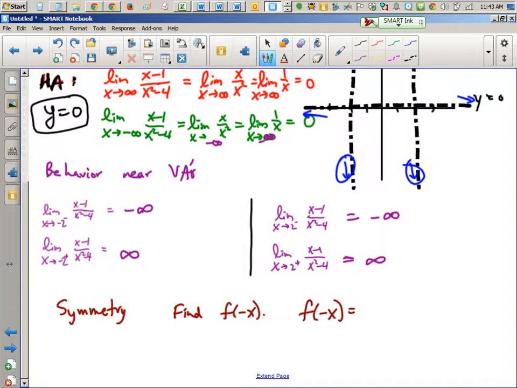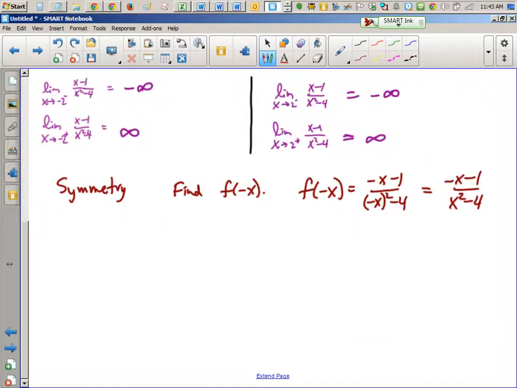What is f of negative x? It's negative x minus 1 over negative x squared minus 4. And here's what the question is. Is this the same function we started with? It is not the same. So here's our conclusion.